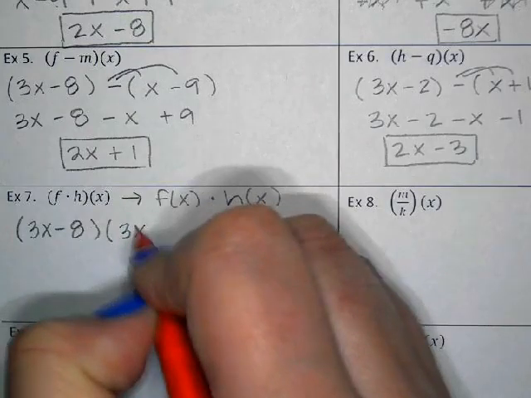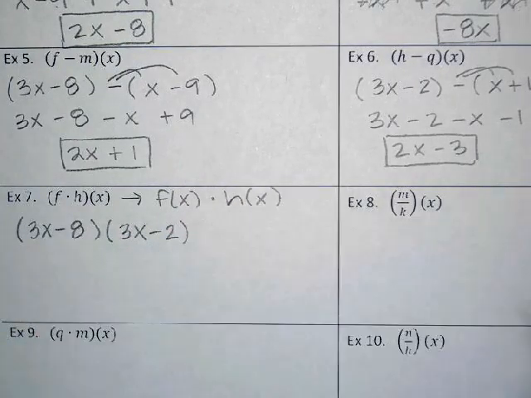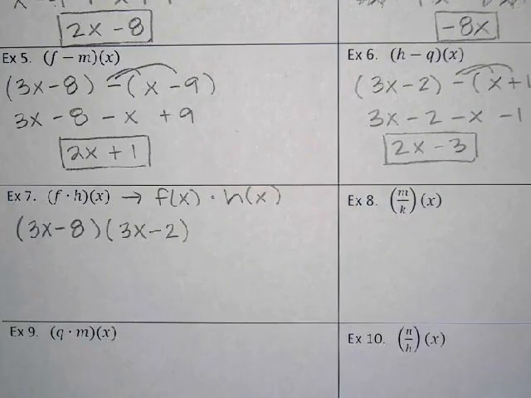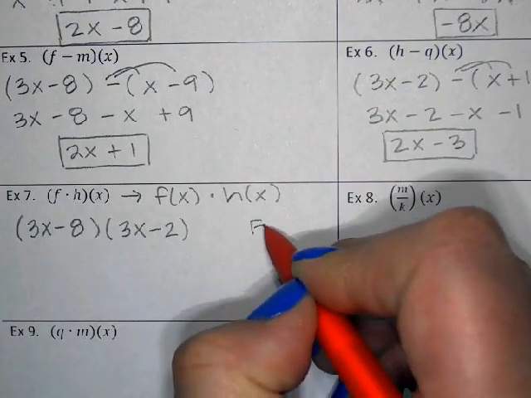And when I multiply two sets of parentheses, what's my method? How do I do it? Starts with an F. Not factor. Foil, yeah, it's foil. So we're going to foil these: first, outside, inside, last.